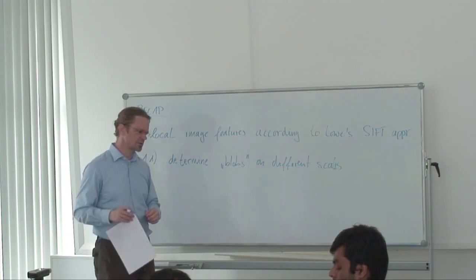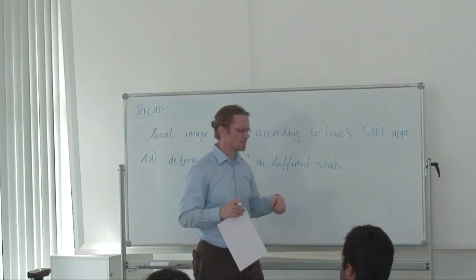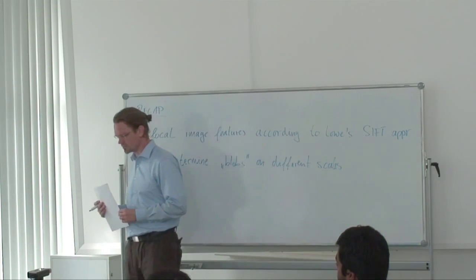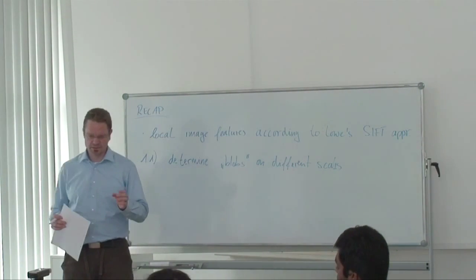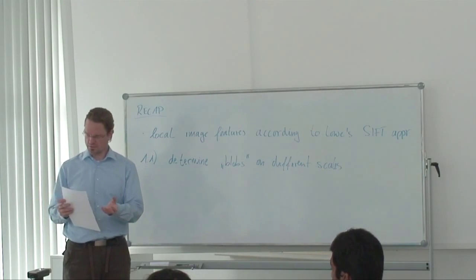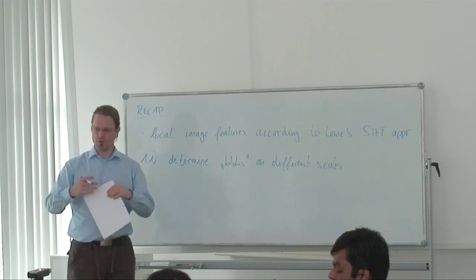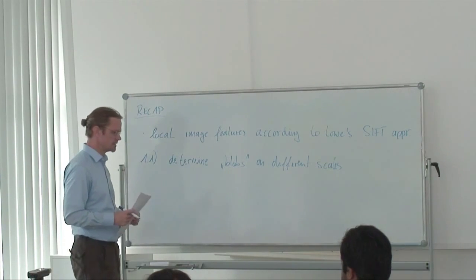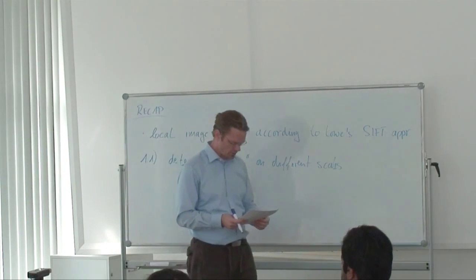They may be elliptical, maybe almost square, but a blob is a component of an image that is rather homogeneous, and it may be smaller or larger, and that is the problem of scale. Is it a large blob or is it a small blob?